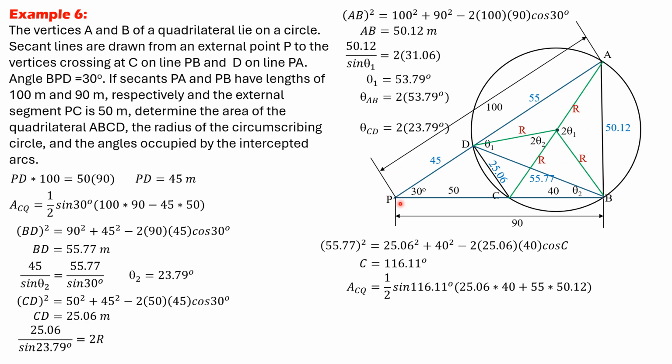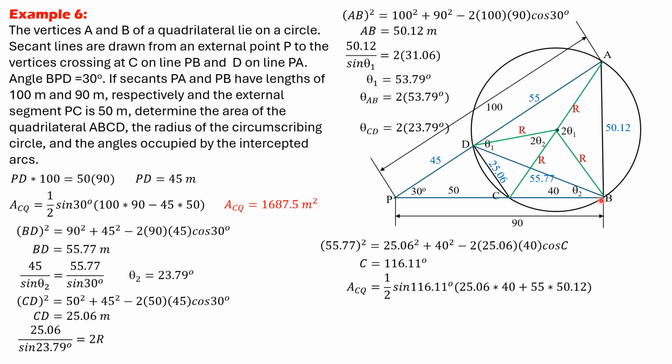The area of the cyclic quadrilateral is equal to 1/2 times 100 times 90 times sine 30 minus 1/2 of 45 times 50 sine 30. Factor out 1/2 sine 30, then we'll have 100 times 90 minus 45 times 50. The area of cyclic quadrilateral ABCD therefore is 1,687.5 square meters.